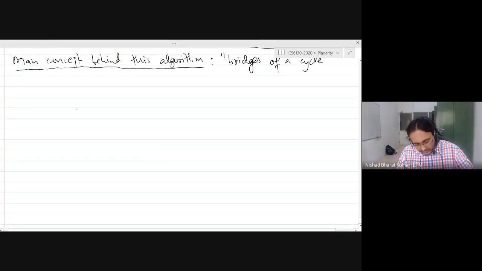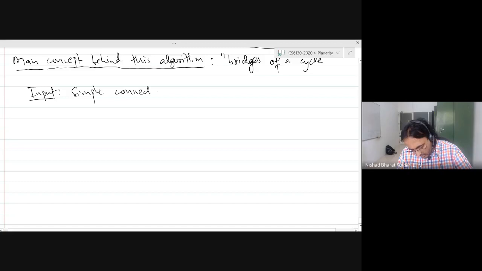So you see, whenever you are given a connected, so our input for this decision problem is a simple connected graph. Actually, before I go to this, I want to discuss one more important point.